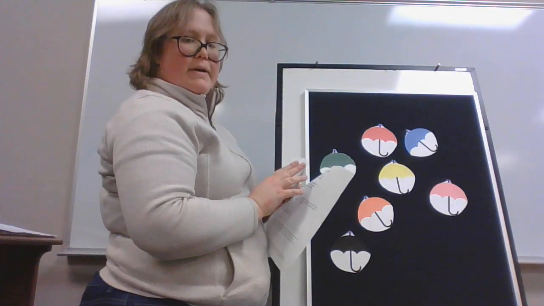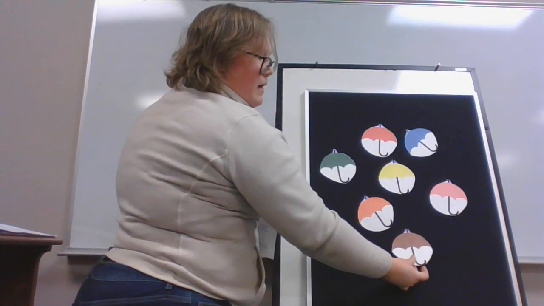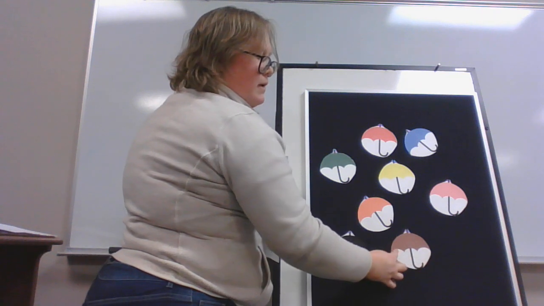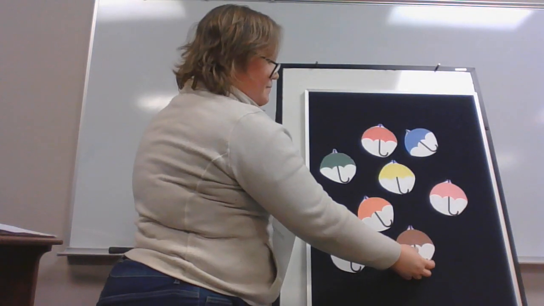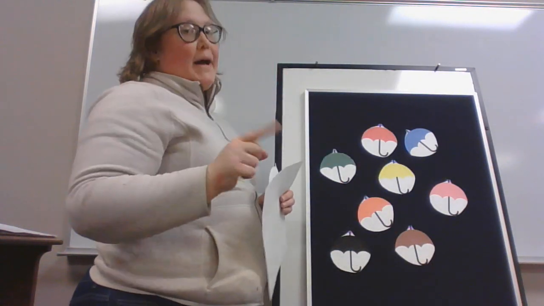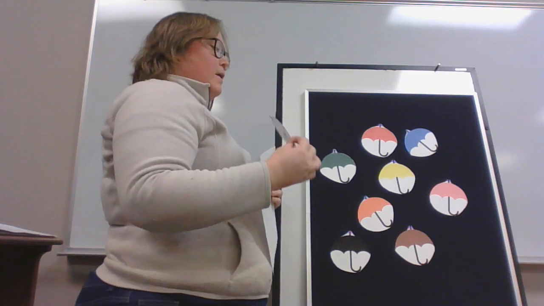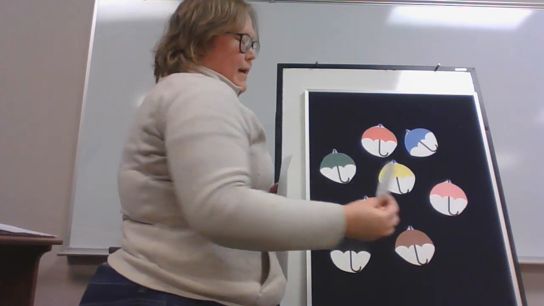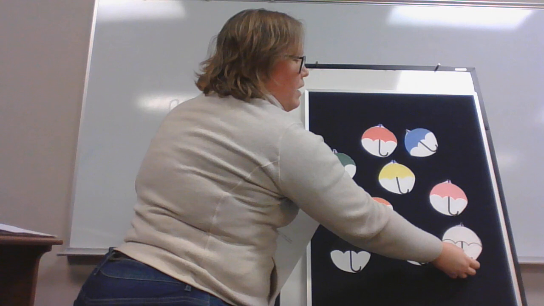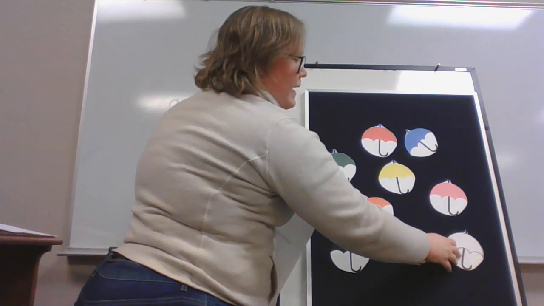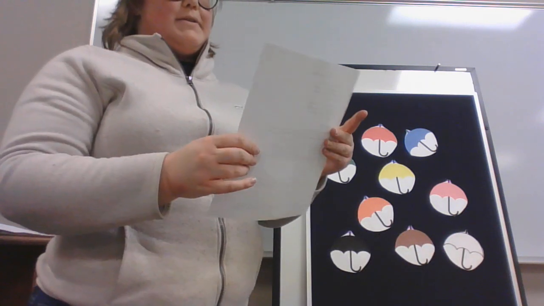And what color do we have next? And brown. I am not doing that on purpose, by the way. What's the last color umbrella that we have? White. Black and brown and white umbrellas.